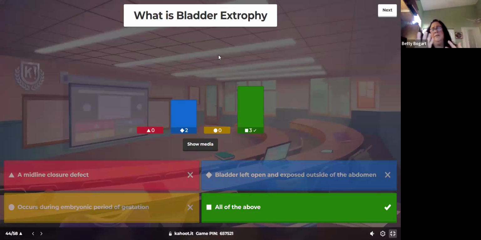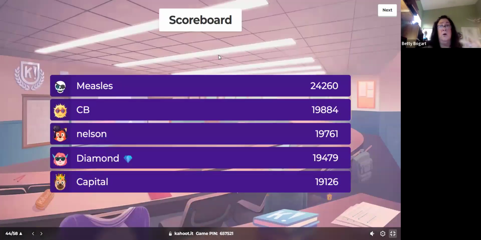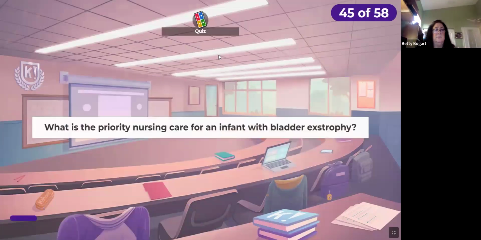All of those are done somehow during the embryonic period where they don't close. And it's at the midline because it doesn't close where it should. So, again, big deal with bladder exstrophy, maintaining skin integrity and preventing infections. Anything born on the outside, both those.